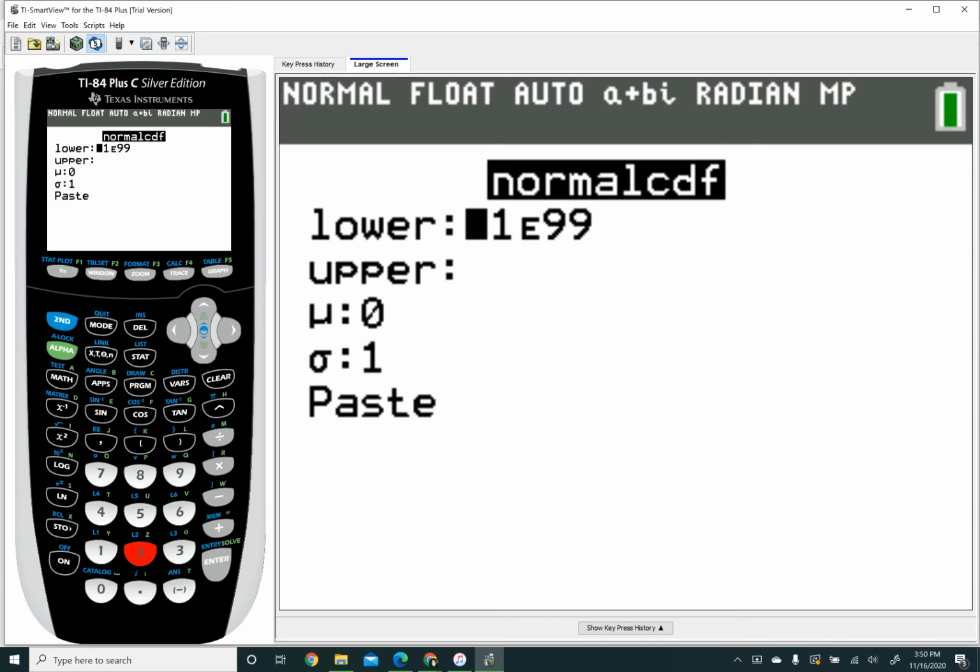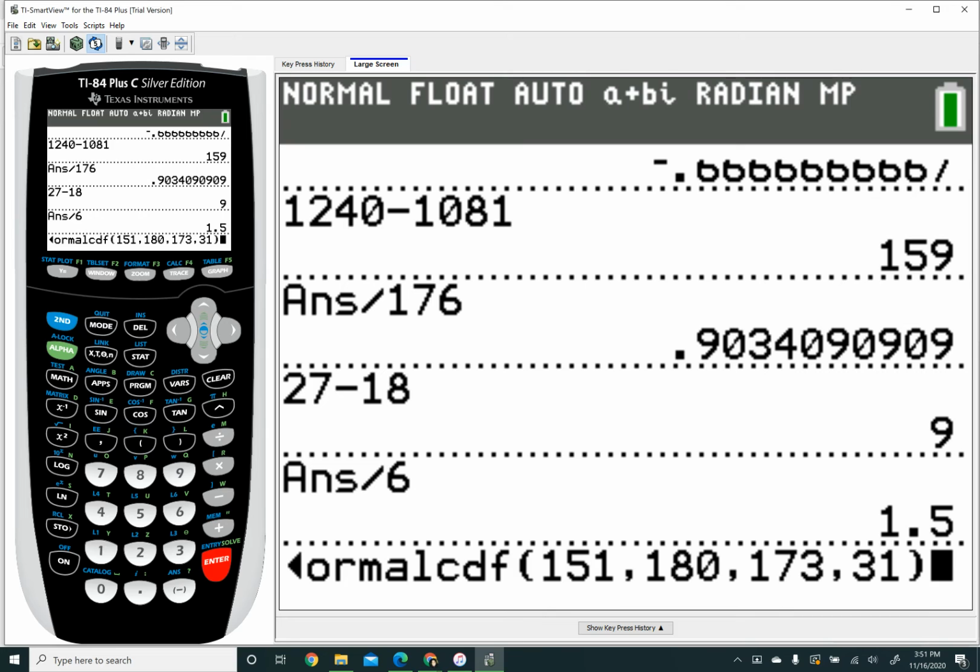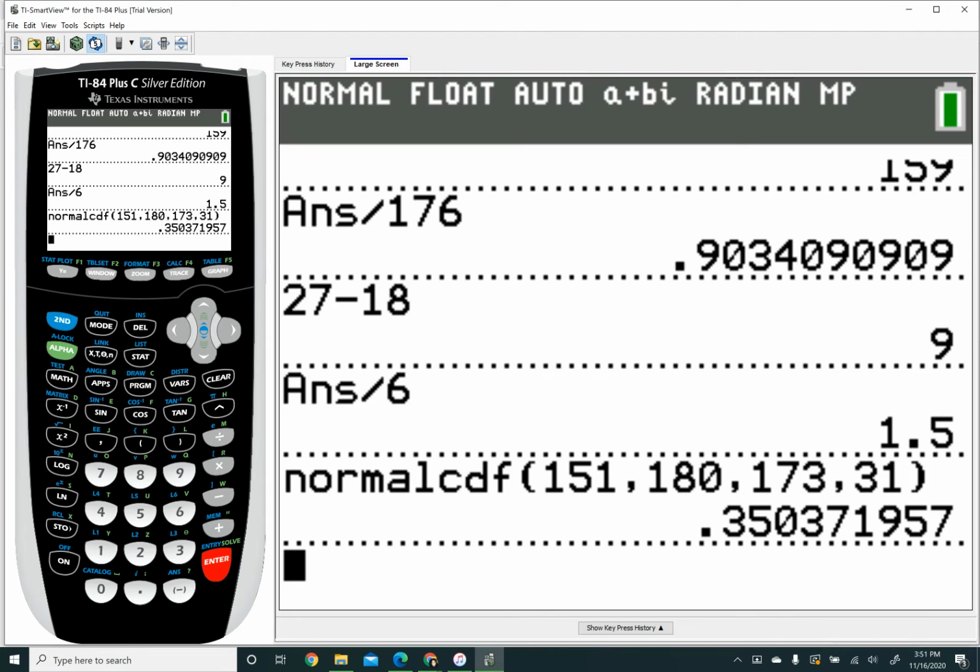We're doing from 151 to 180. Our mean here is 173, and our standard deviation is 31. We just put that in, and you'll see that we get this decimal.